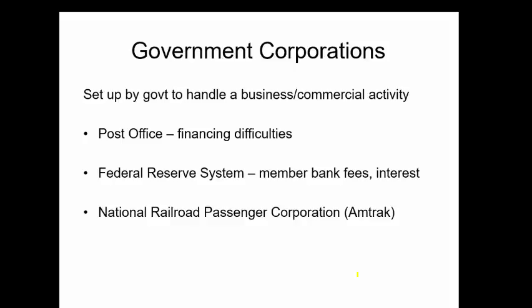Amtrak is another government corporation that's often in the news, more often than not negatively, because of an accident or the fact that it's often a target for government cutting, as to why would the government pay for a rail transportation system.